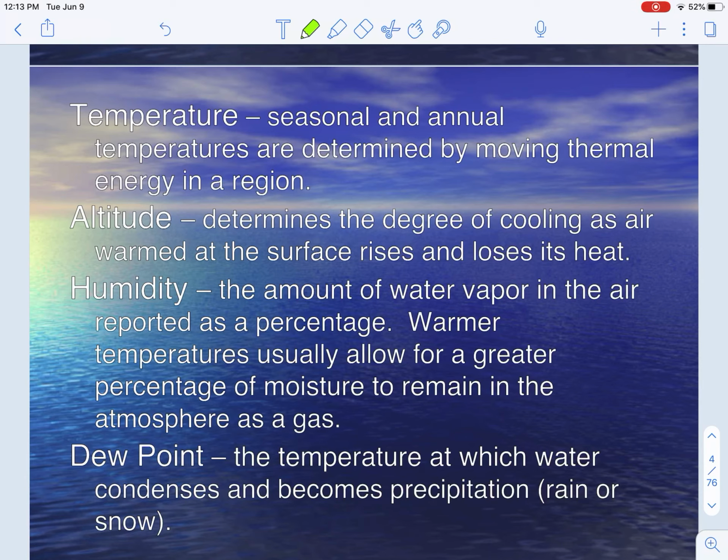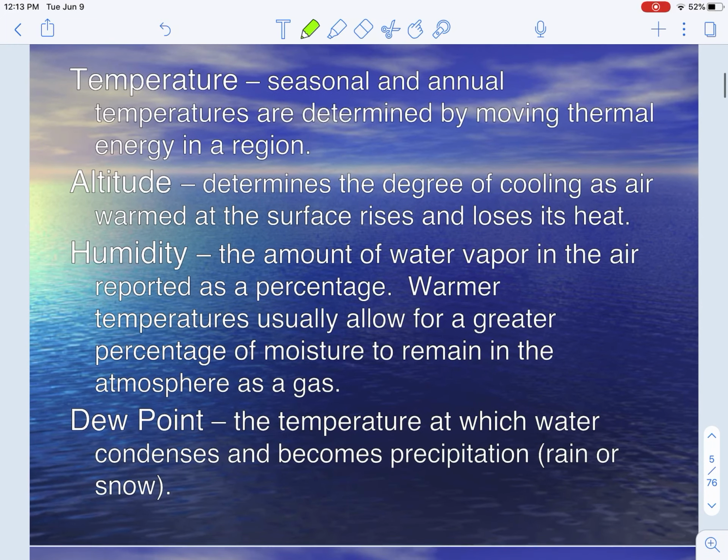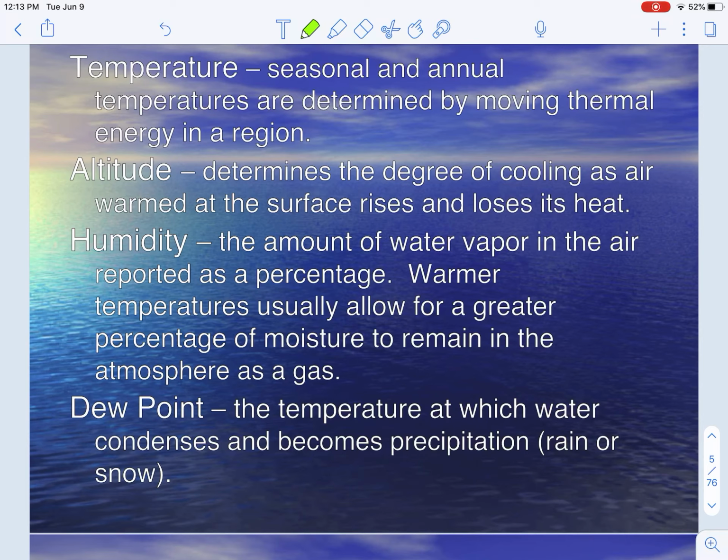Temperature is of course seasonal, and because of moving energy and air currents and water currents, temperature changes around the year. Altitude makes a difference as well, as warm air rises and cools as it goes up.